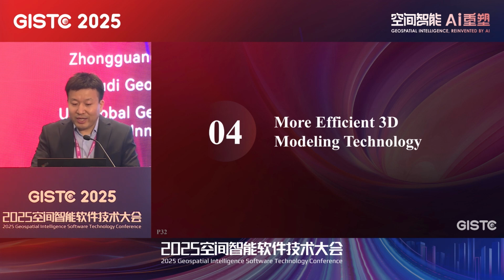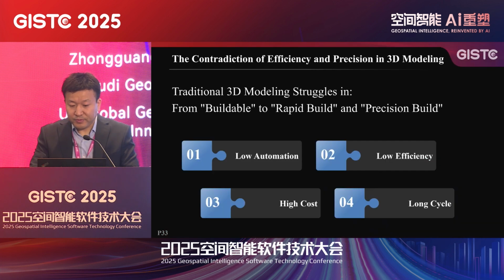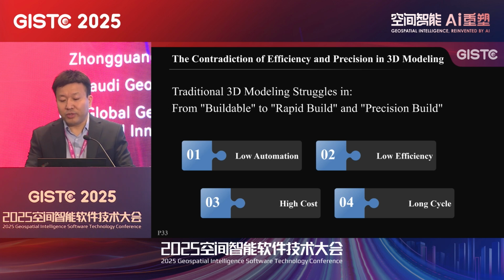Okay, now let's dive into section 4, more efficient 3D modeling technologies. Traditional manual modeling techniques have a low level of automation, and they bring a high error rate, especially for large-scale urban planning.